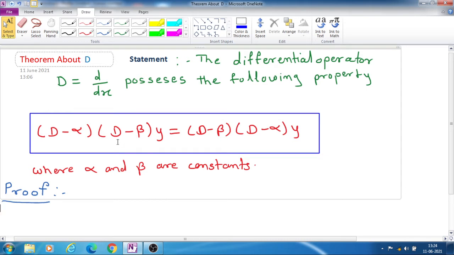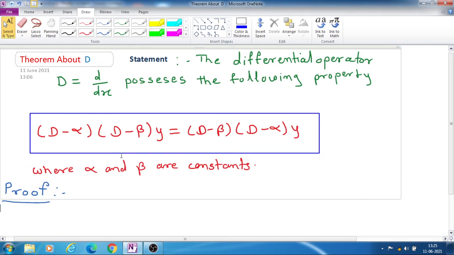So these two values are equal. That means whenever there is multiplication of these operators, we can operate any one of them first or last; the order of operation is the same for this theorem.